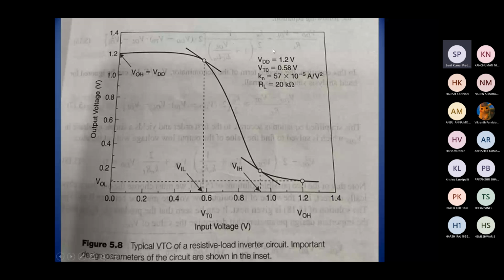Based upon these parameters we can design the circuit and find the output voltage with respect to the input voltage, and the characteristics will look like this. So please remember how the voltage transfer characteristics look for the resistive load inverter circuit. I hope this is clear to everyone.